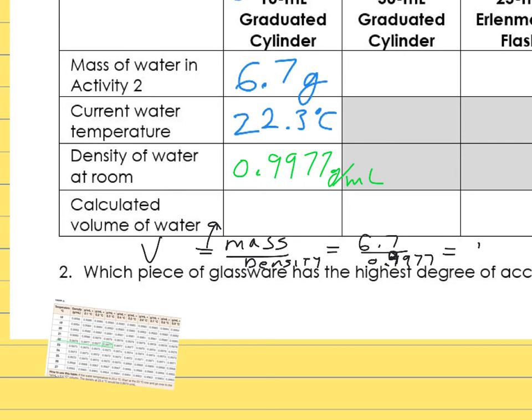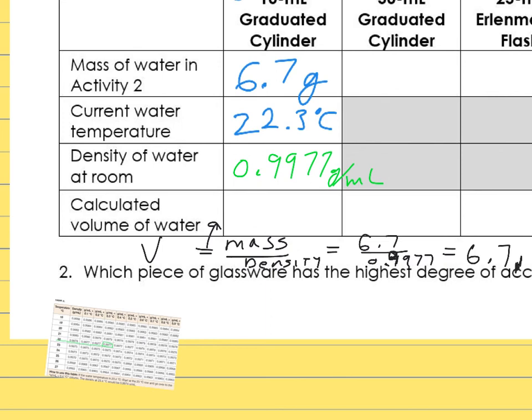And that actually gives us 6.7. Here's where we want to do it a little bit differently. To make life interesting for us, I want your number of sig figs to make sense to you. So 6.7 is what our sig fig rules say it should be.